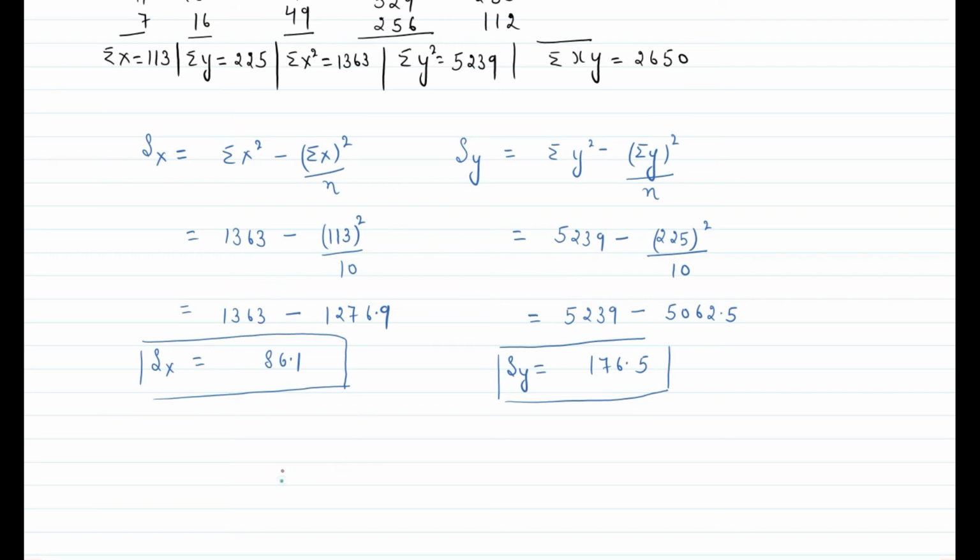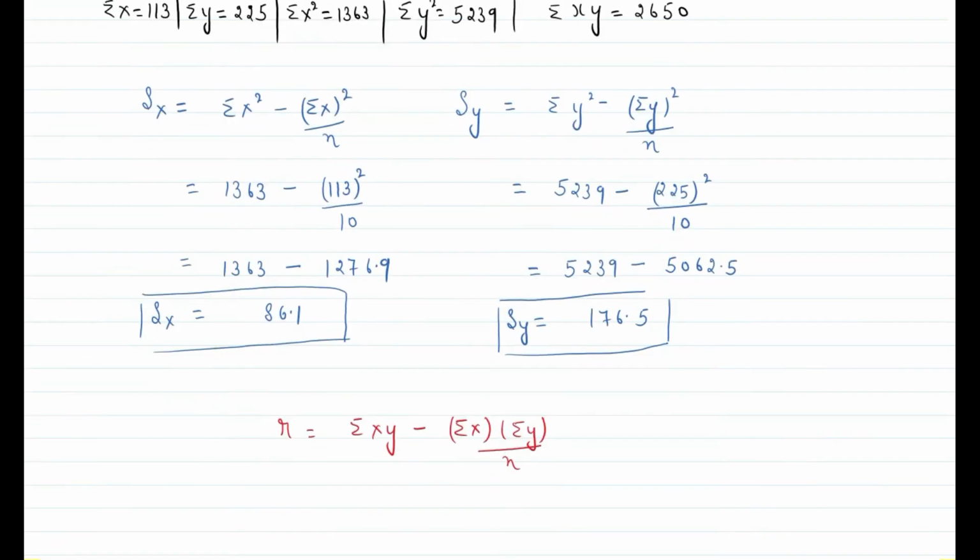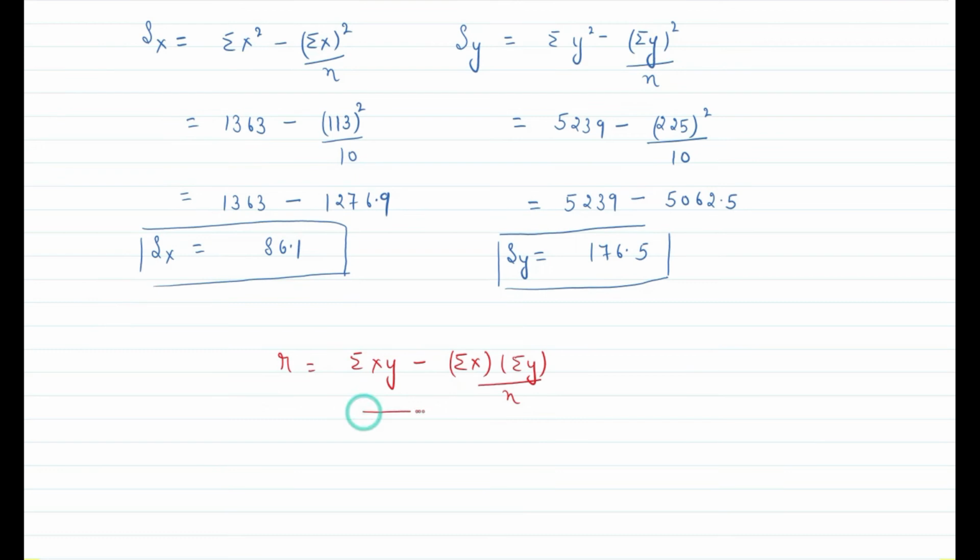R equals summation of xy minus summation of x into summation of y divided by n, whole divided by under root of Sx and Sy, where Sx is the standard deviation of x.